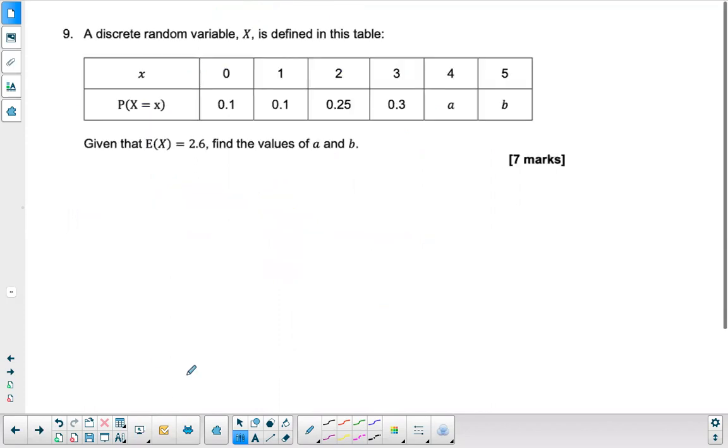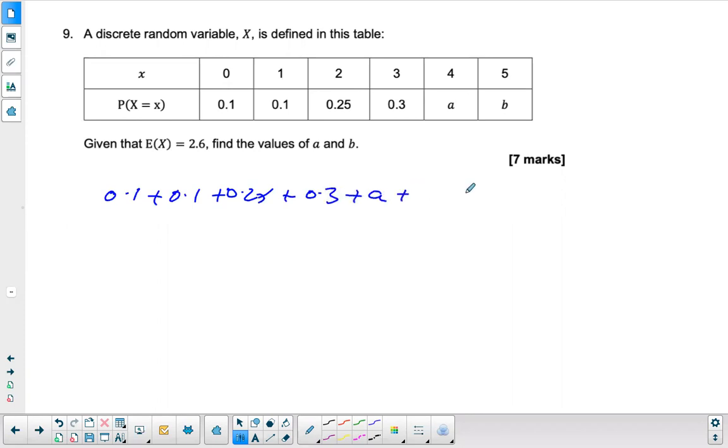And question 9, discrete random variable x is defined in the table. You know a couple of things about this. So you know that the probabilities must add up to 1. So 0.1 plus 0.1 plus 0.25 plus 0.3 plus a plus b is equal to 1.